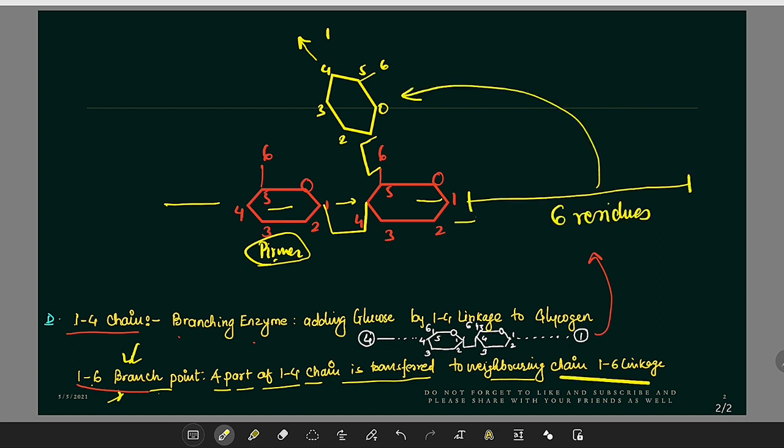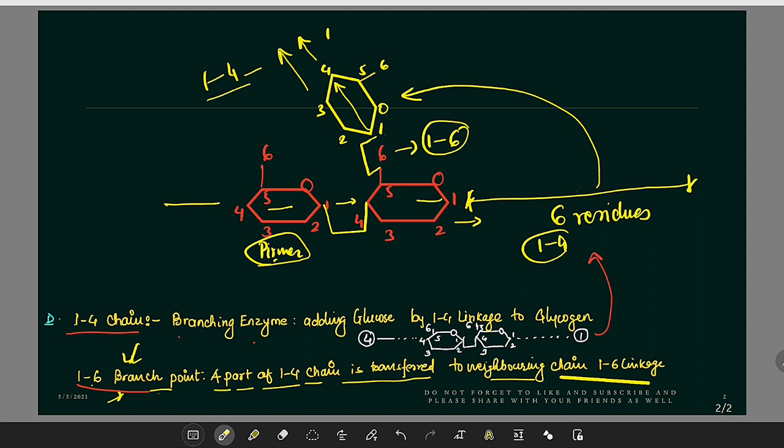As the 1,4 linkage proceeds, after every 6 residues have been synthesized, it breaks at a point and gets transferred to the neighboring chain as a branch point, which is between first carbon and 6th carbon. It is a 1,6 branch point, and only at the branch point is there 1,6 synthesis. After that, the 1,4 linkage continues in its direction.